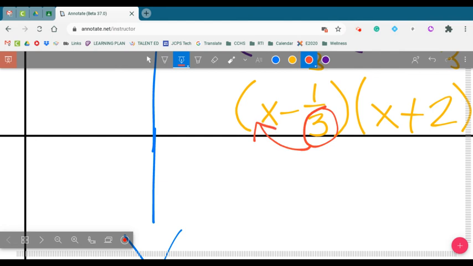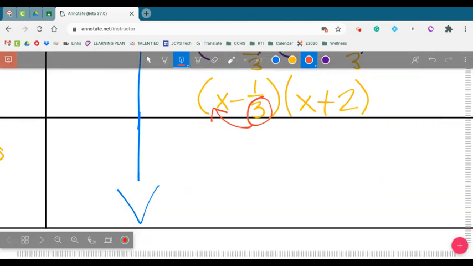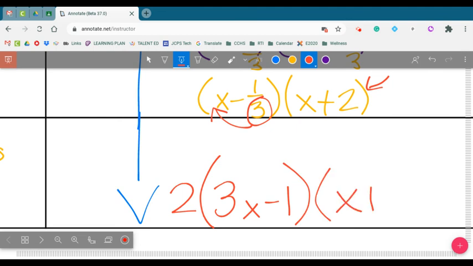So I'm going to take this denominator and I'm going to swing it to the front. And then I am finished. The second set of parentheses does not have a denominator, so I don't have to swing anything. So I have my 2 from the beginning that I pulled out. Once I move that 3, I'm going to have 3a minus 1 and then a plus 2. And that is my final answer. And you can, again, check your work by distributing.